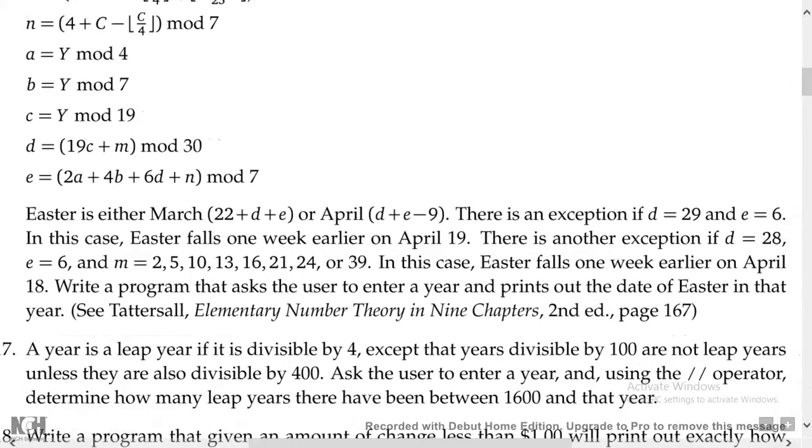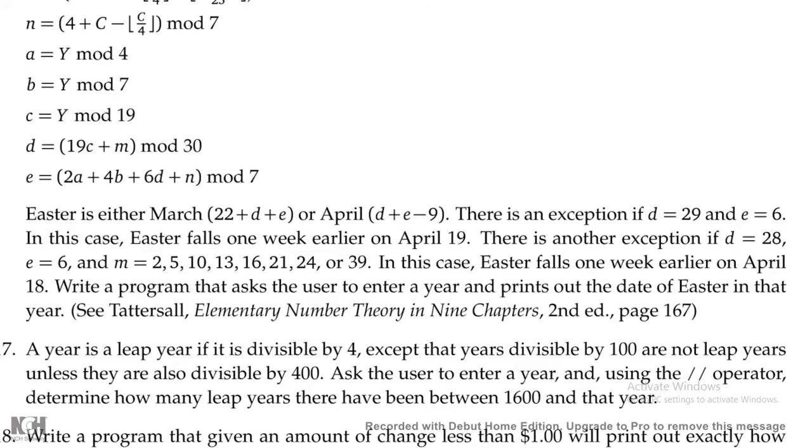Easter is either March that or April that. There's an exception if D is equal to 29 and E equals 6. In this case, Easter falls 1 week earlier on April 19, so that's gonna be April 12. We simply say 19 minus 7 days, right?